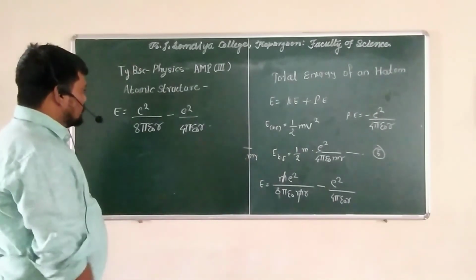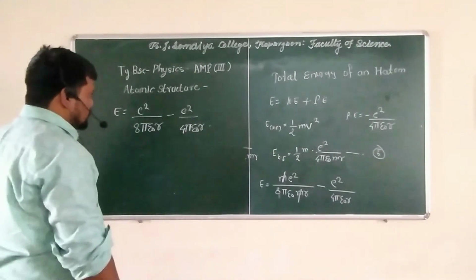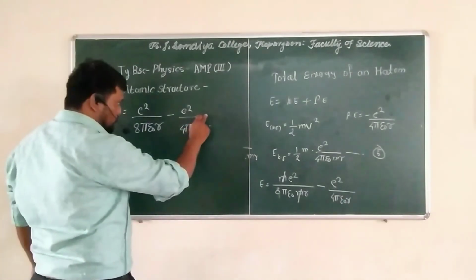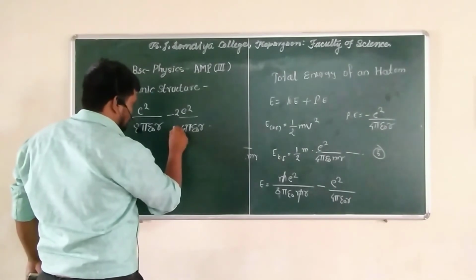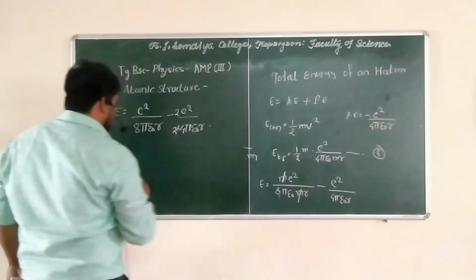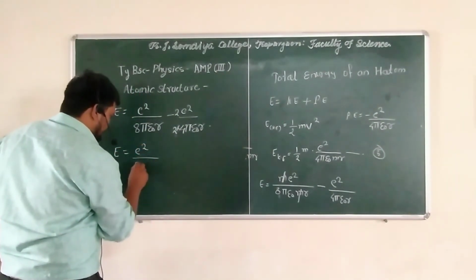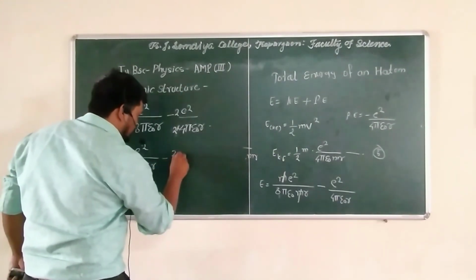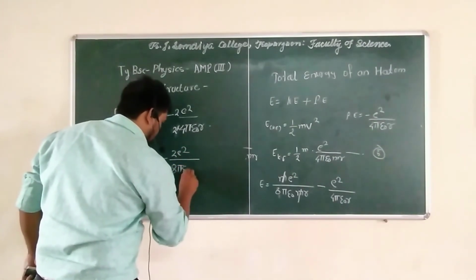So we make the same denominator by multiplying the numerator and denominator of the potential energy part by 2. So the equation becomes e squared divided by 8 pi epsilon naught r minus 2 e squared divided by 8 pi epsilon naught r.